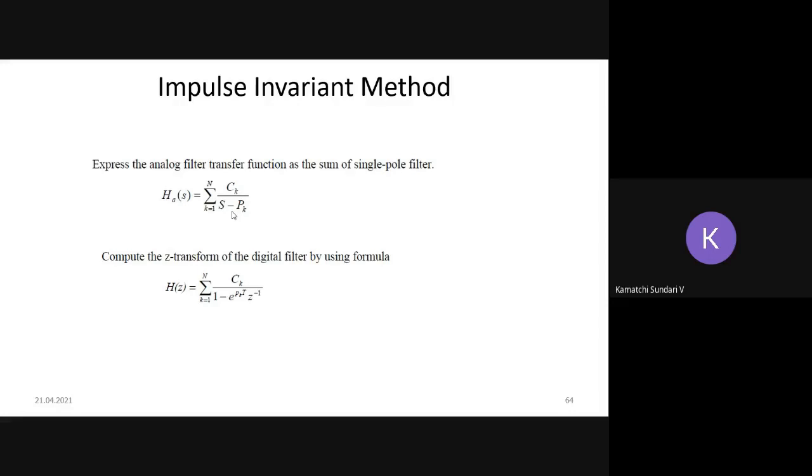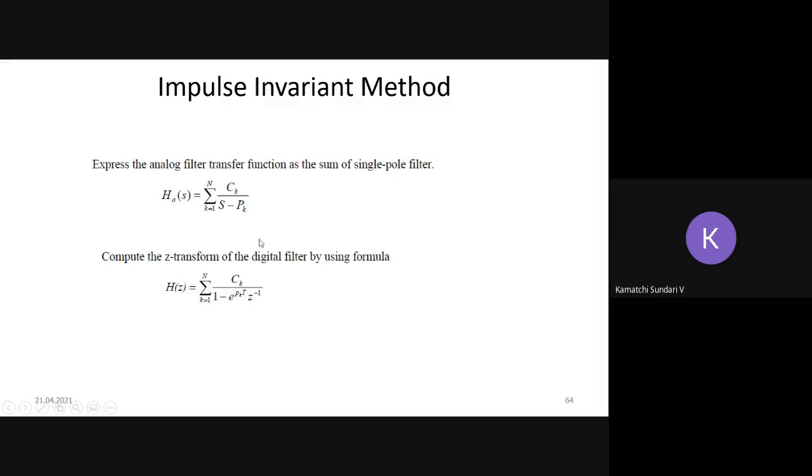And the numerator values 2 and 3 are the constants. So likewise, using the partial fraction expansion procedure, we can express our H of s equation in this summation pattern. After finding this, you can find your ck and your pk values, that is different pole locations and the corresponding constants.